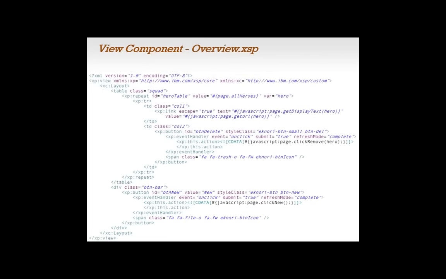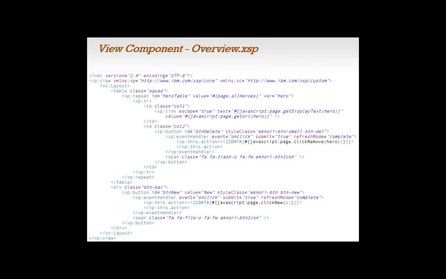Let's take a look at the XSP, the XPage for the overview. What you might see here is that we do not have any traditional data binding like a data source in it. All we have is a table which represents the layout we have seen, and within the table we have different items that all get the data binding from the underlying page object.